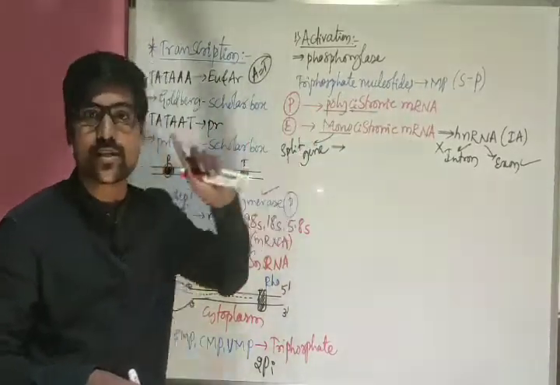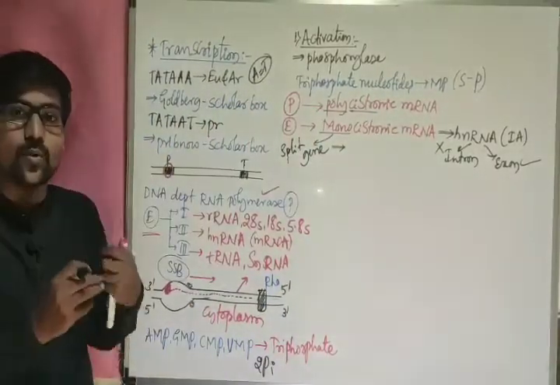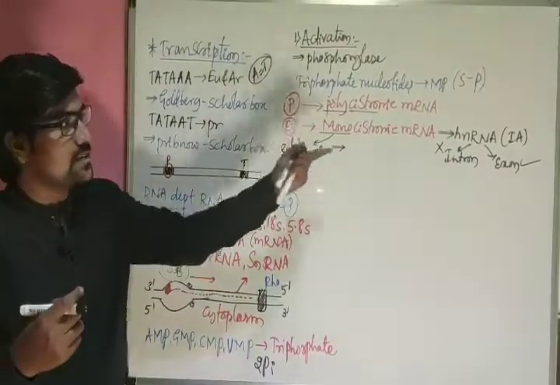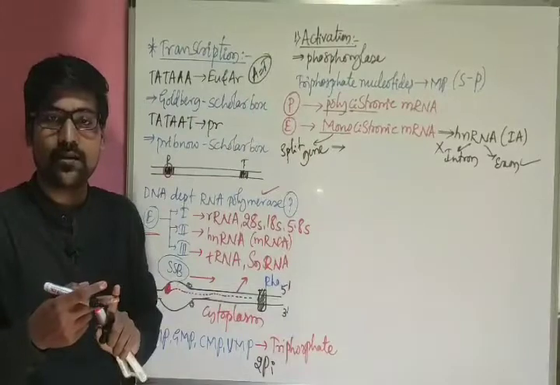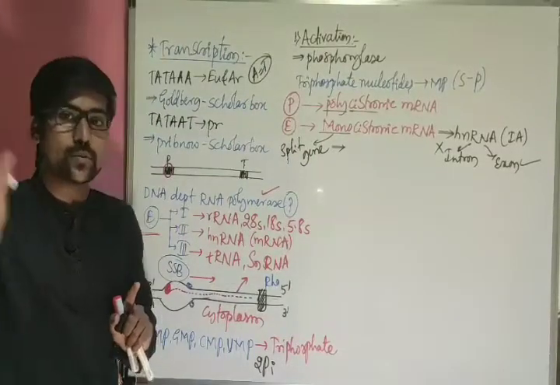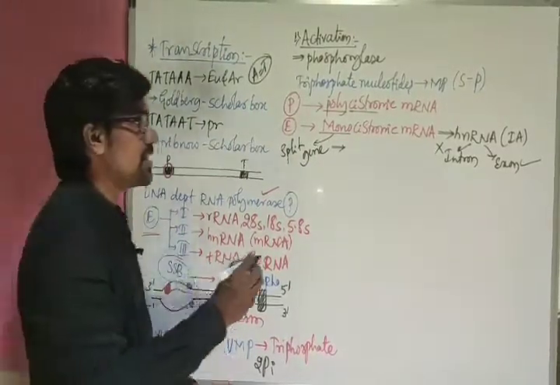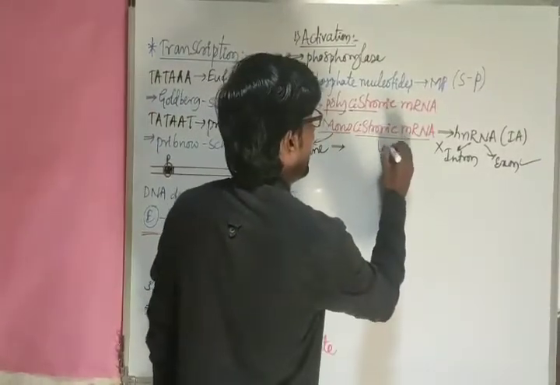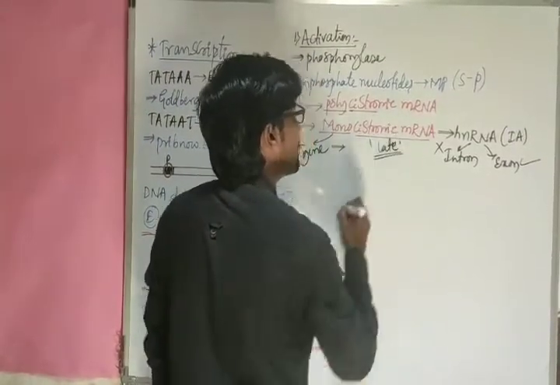will undergo post-transcriptional modification: capping, tailing and splicing. After that, the hnRNA gets converted into mRNA. Then the translation process begins, and because of that, in this mRNA the translation process is late. Late means it will take some time.